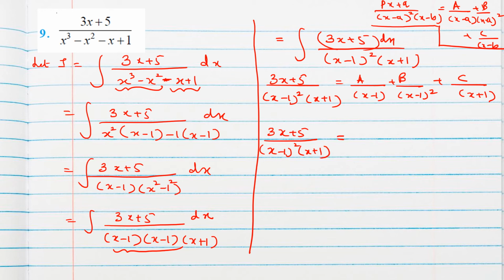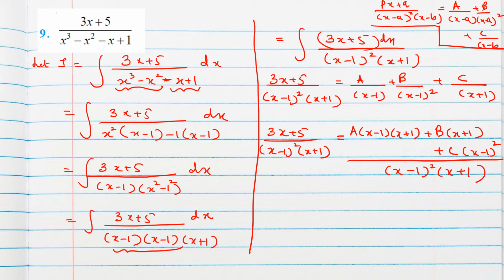So if you multiply by x minus 1 square x plus 1, you will get a times x minus 1 x plus 1, with b only x plus 1 will come, and with c x minus 1 square, divided by x minus 1 square x plus 1. Now this denominator we can cancel.